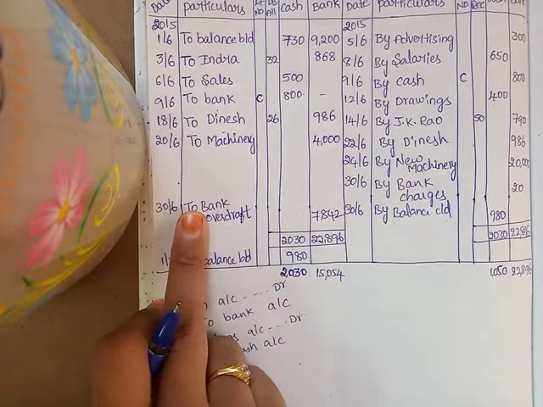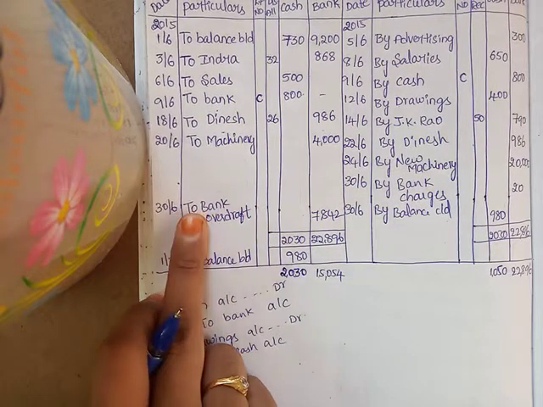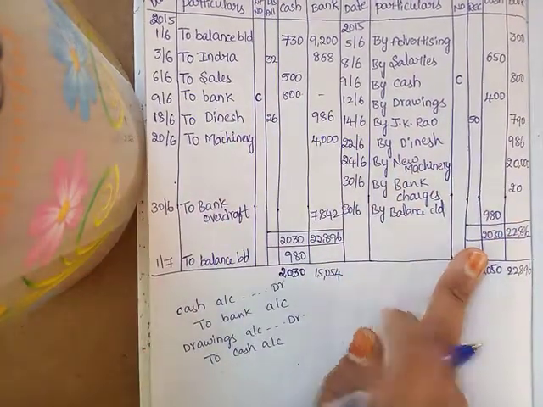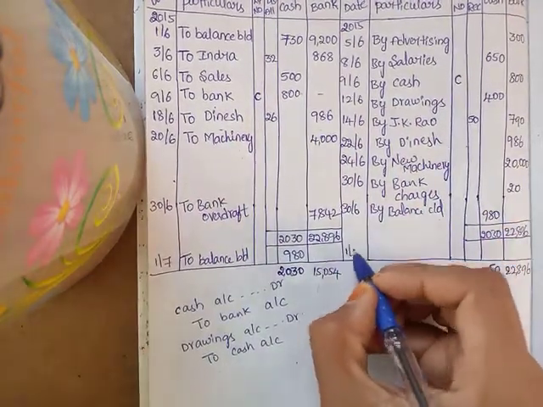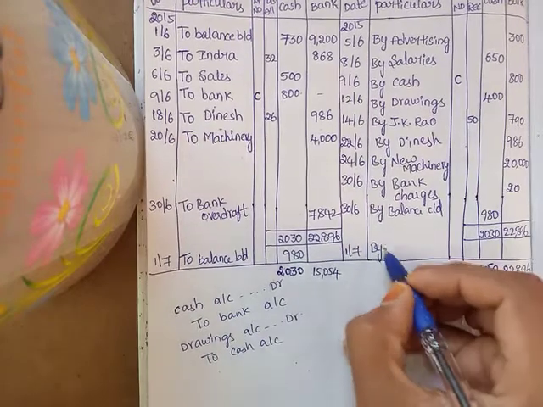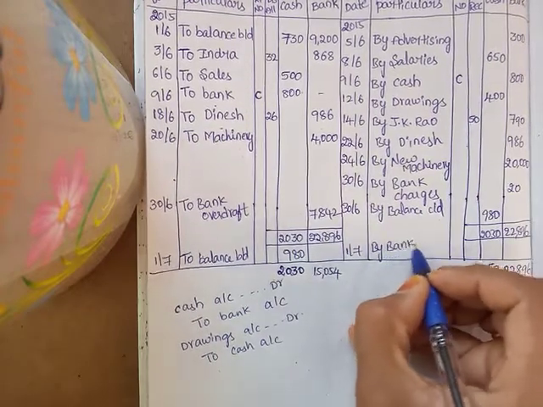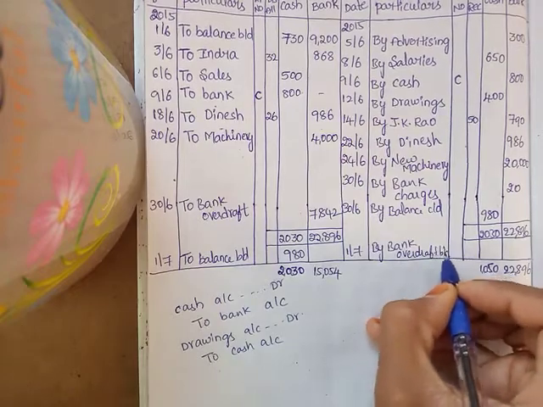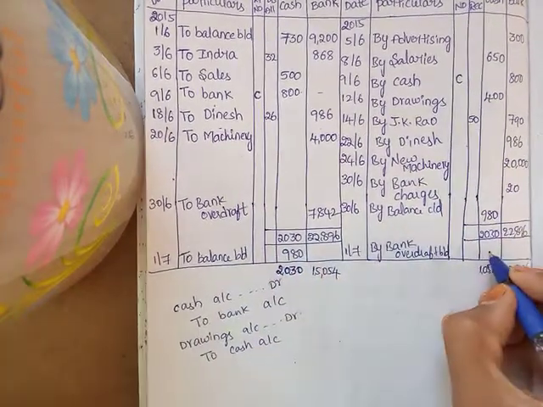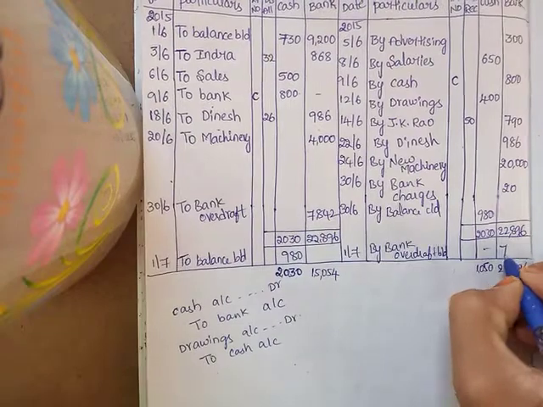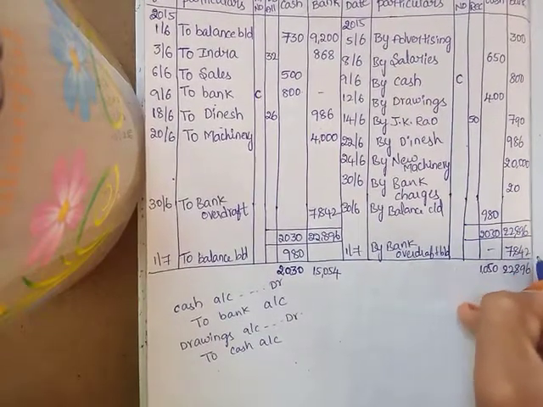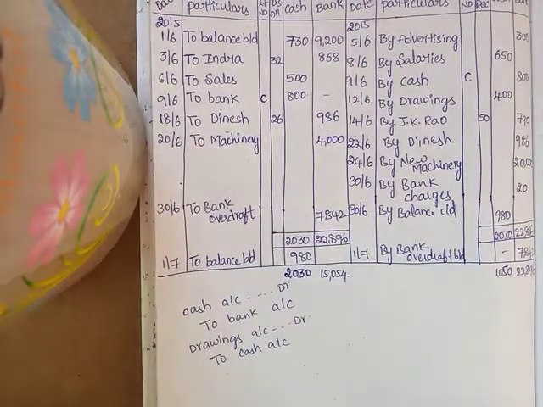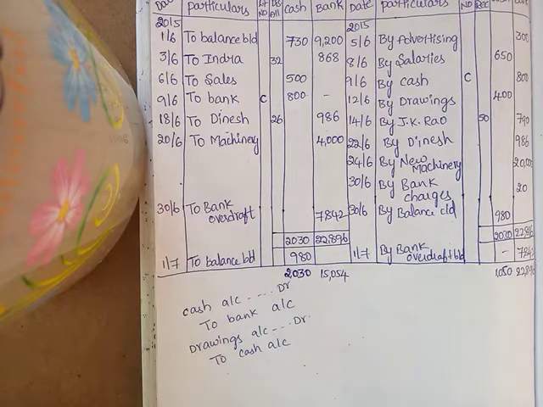So here debit side came now. Then next you have to write under the credit side, 1st July by bank overdraft brought down. How much amount is it? Write in bank column, that is 7,842. Okay, this is a problem under the 3-column cash book or triple column cash book.